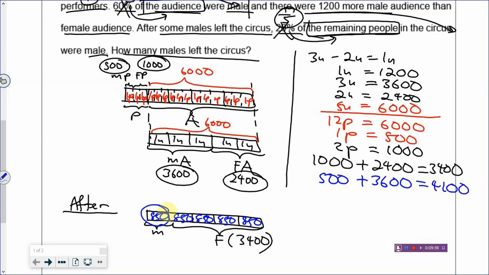And then you take 4100 males at first, and you minus how many males in the end, which is 850, and that will give you how many males who left the circles. So 4100 minus 850, and you will have 3250 males who left the circles.